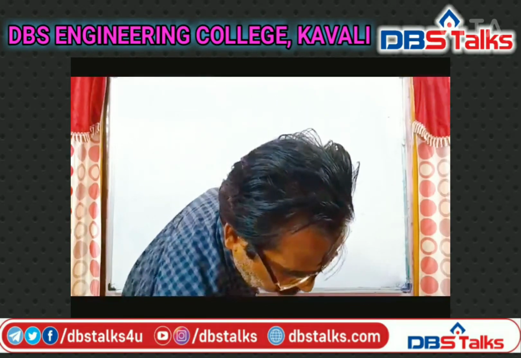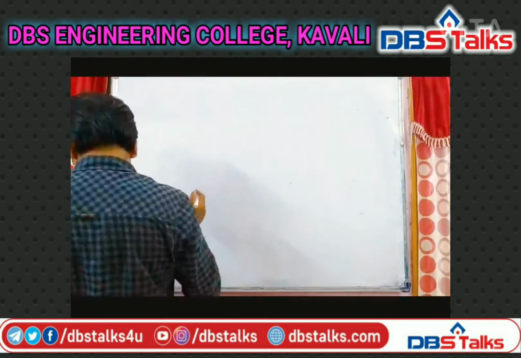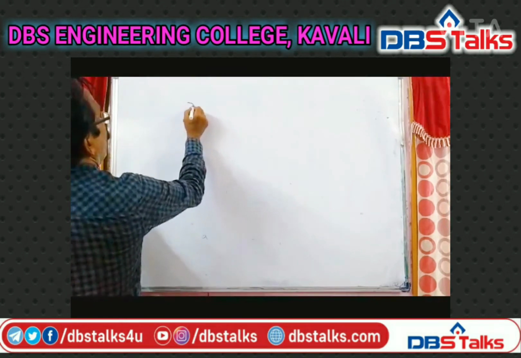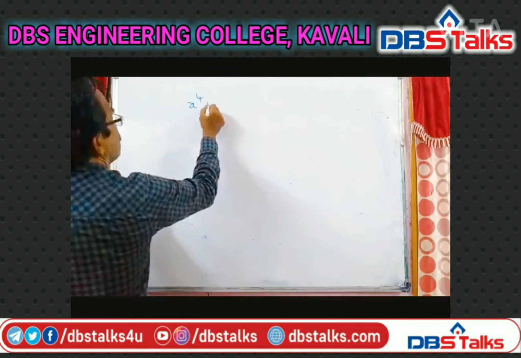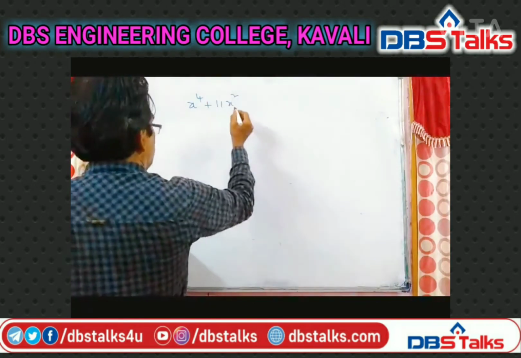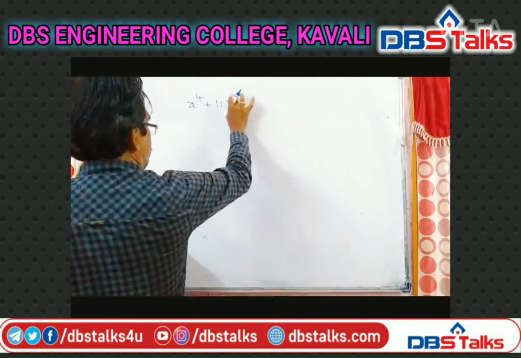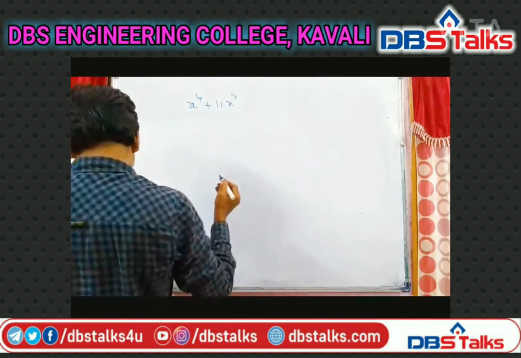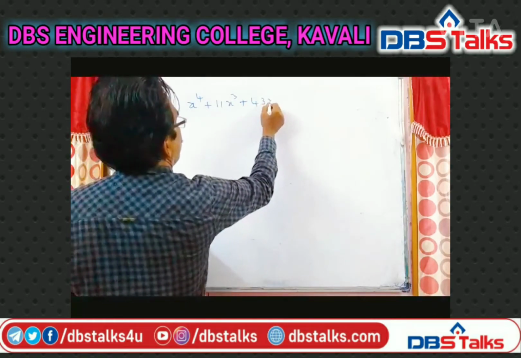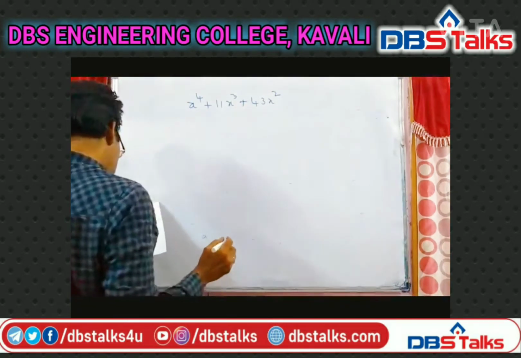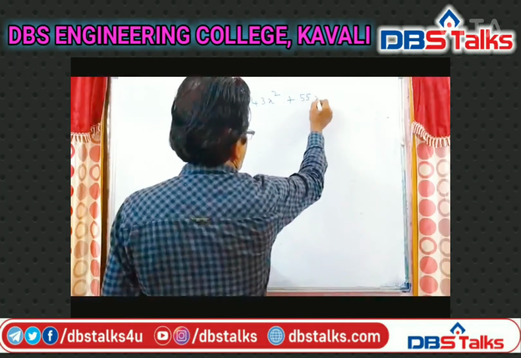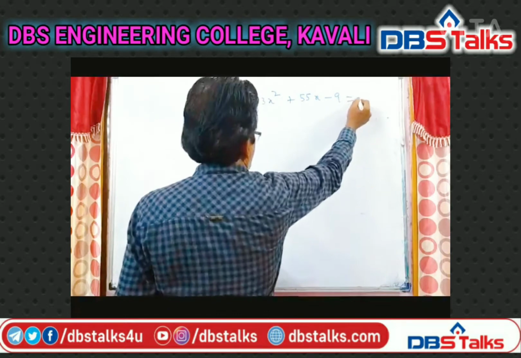f(x) is equal to the given polynomial, friends: x power 4 plus 11x cube plus 43x square plus 55x minus 9 is equal to 0.